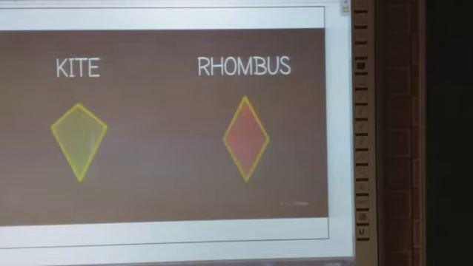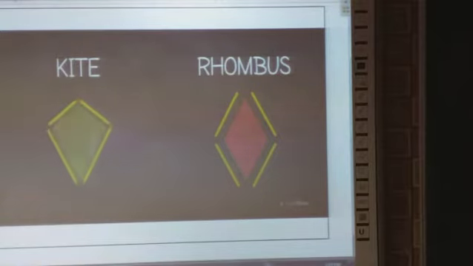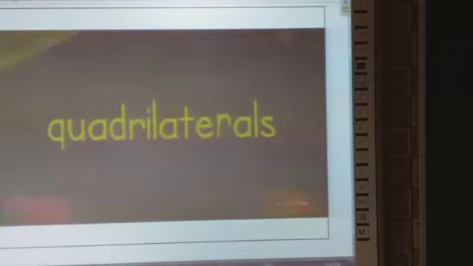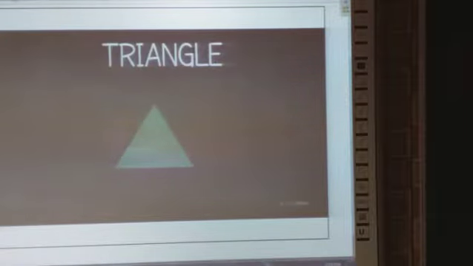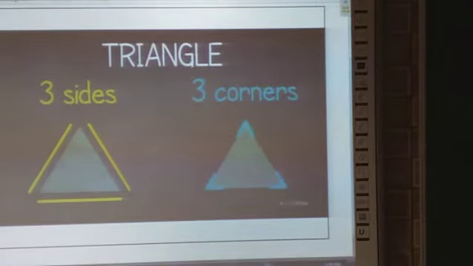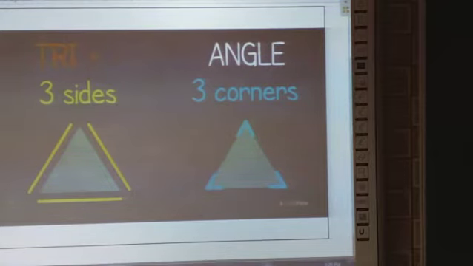Remember, all 4 sides of a rhombus are the same length, while a kite has 2 pairs of sides and each pair has the same length. Now that we've had a look at the quadrilateral family, let's introduce some other shapes that are a little different. This is a triangle. All triangles have 3 sides and 3 corners. This is easy to remember because tri means 3.